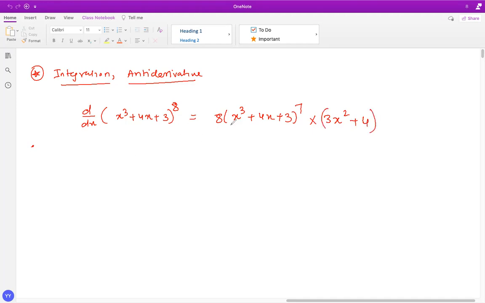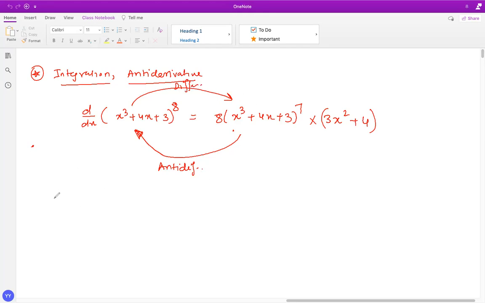This procedure from here to here is called differentiation, and if I have this function and can somehow get the original function back, we call it anti-differentiation. So this is differentiation, and this is anti-differentiation.